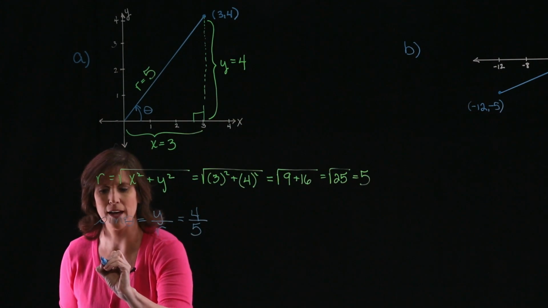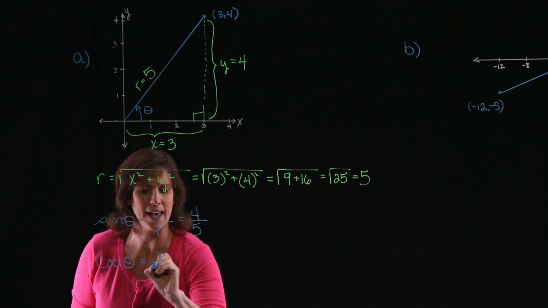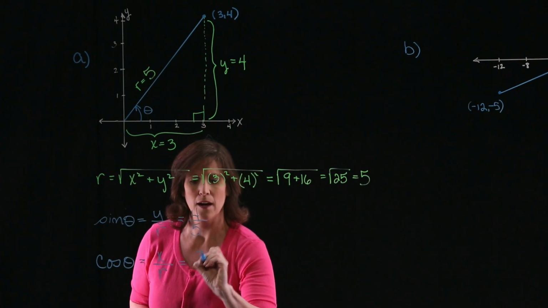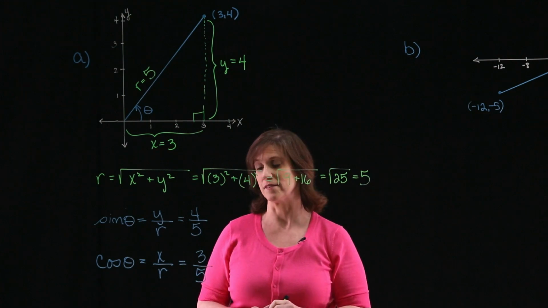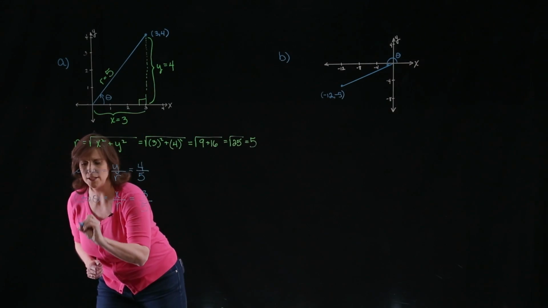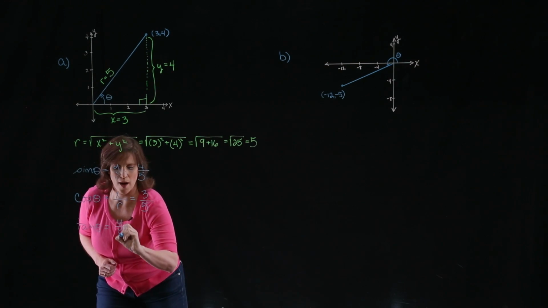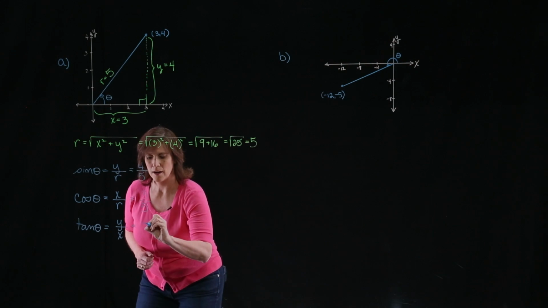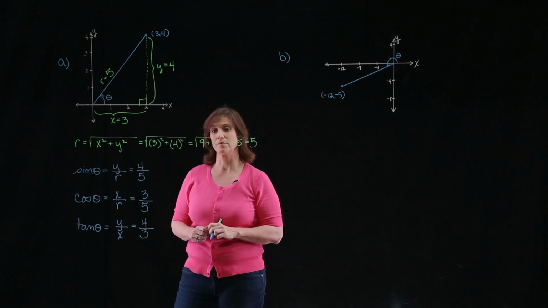Now the cosine of theta, defined as x divided by r. x is 3, r is 5, so the cosine of theta is 3/5. The tangent of theta is defined as y over x. The y value is 4, the x value is 3, so the tangent is 4/3.